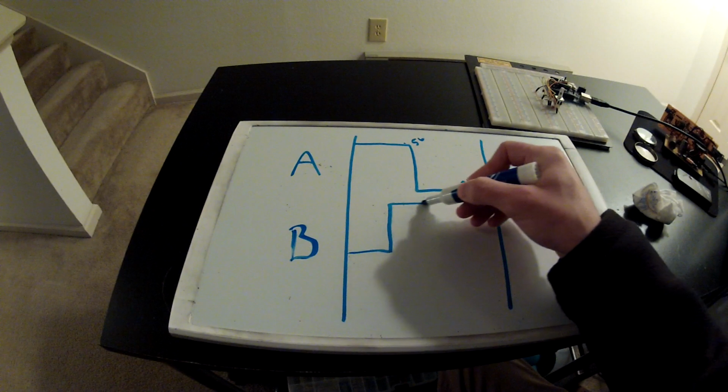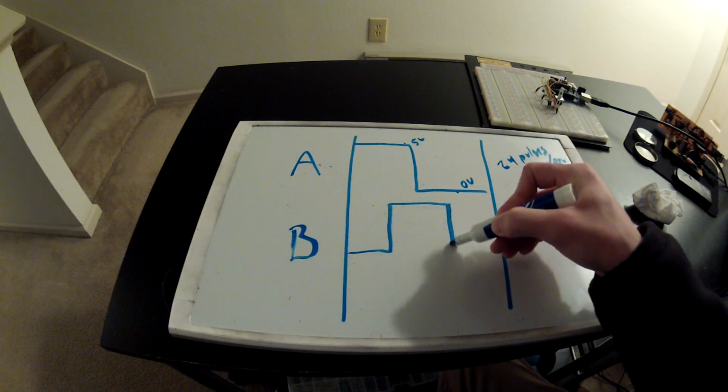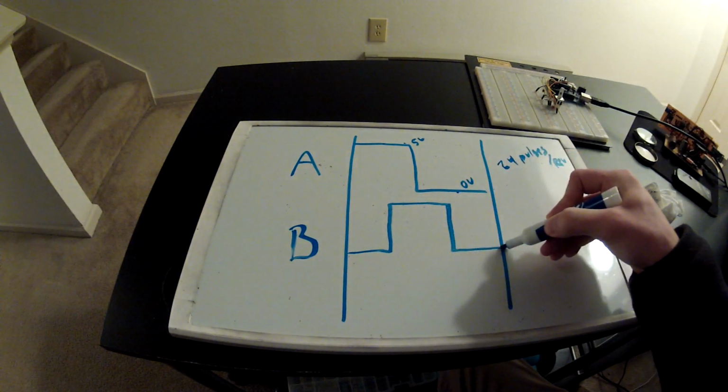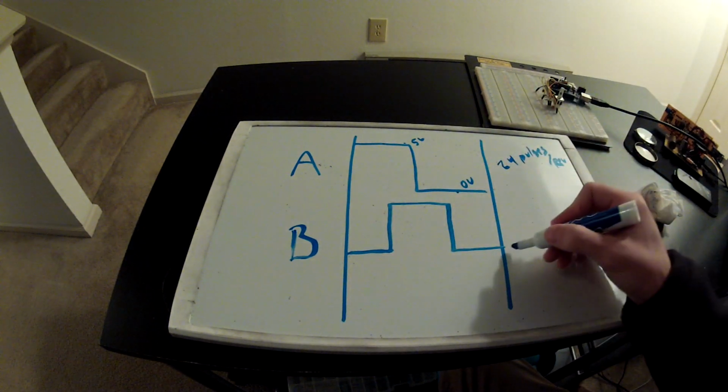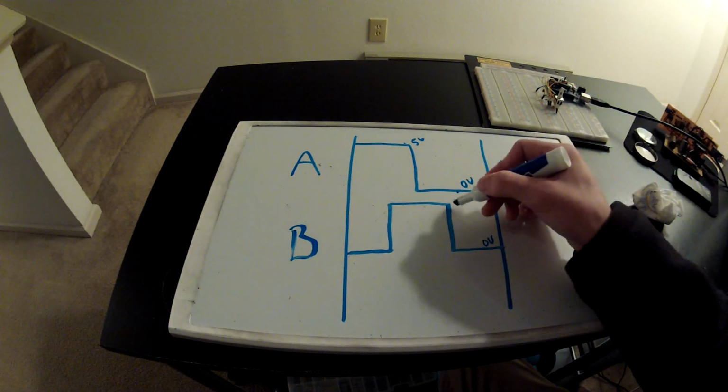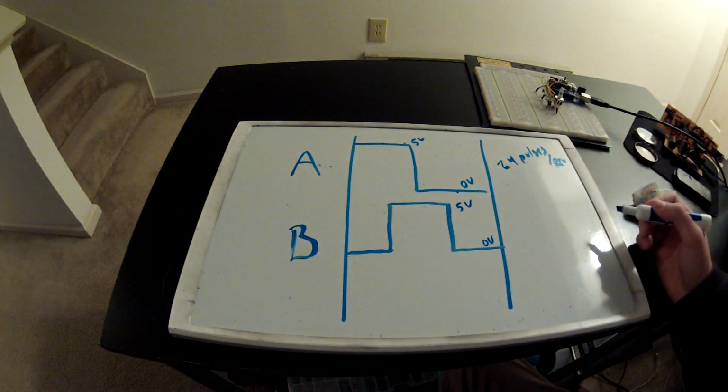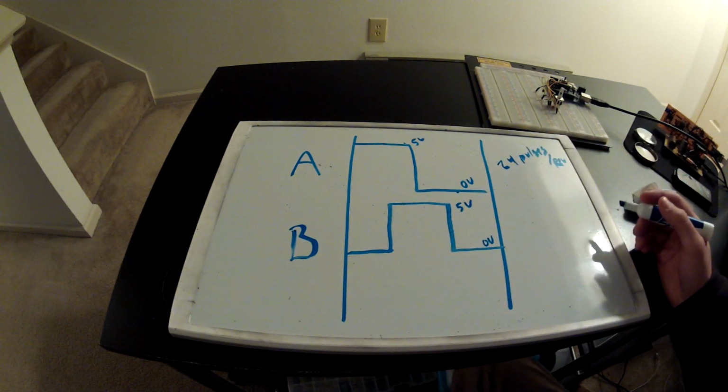The B signal is exactly 90 degrees out of phase with the A signal. And again, this is only going from 0 volts to 5 volts. So this starts to get a little confusing here, but not really.